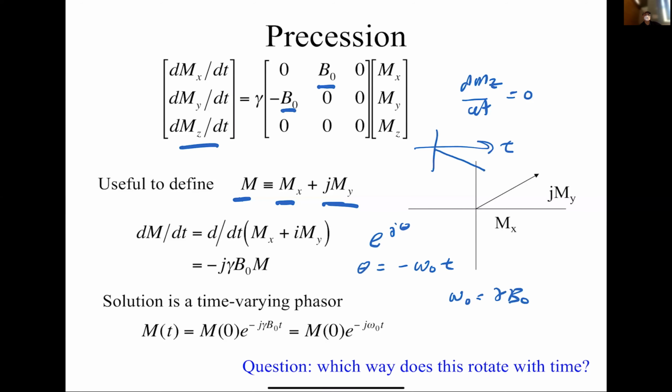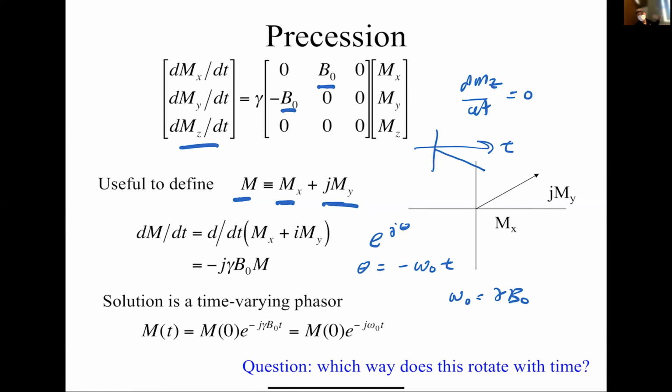So if I'm here, and this is theta equals 0, the problem is if it's counterclockwise for me, it's clockwise for you. So this is x equals 0, and negative theta is going to go this way. So it's going to go clockwise.